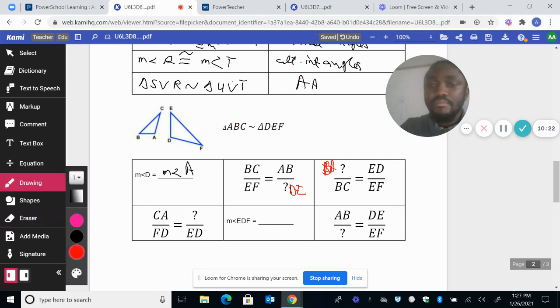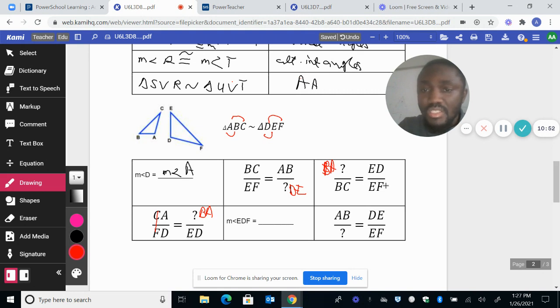CA is from the last to first, so last to first is going to be FD. Okay, CA or FD. Then we take ED, second to first, so second to first is going to be BA as well.